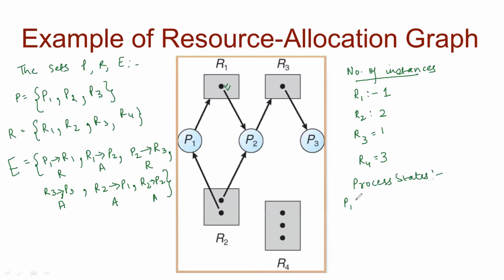And if we talk about the states of the processes, what is the current state of P1? P1 is holding R2 and waiting for R1. Clearly, I hope you are able to understand this.